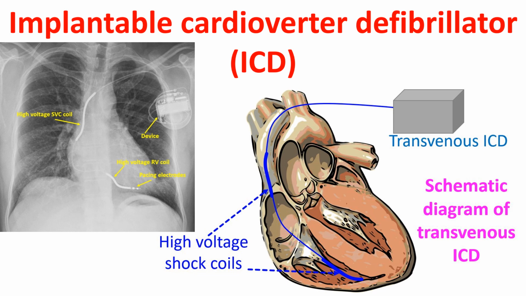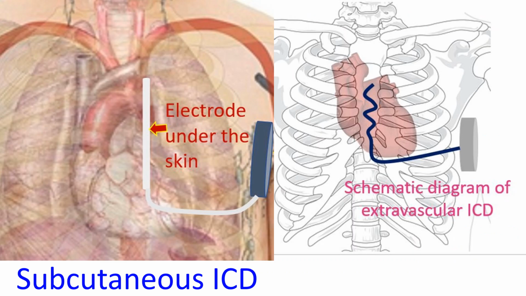When Michael Mirowski reported on a standby automatic defibrillator in 1970, it was met with a lot of skepticism. But now, ICD is time-tested, life-saving equipment. The most commonly implanted ICD is also called transvenous ICD because the leads are introduced through the veins into the heart.